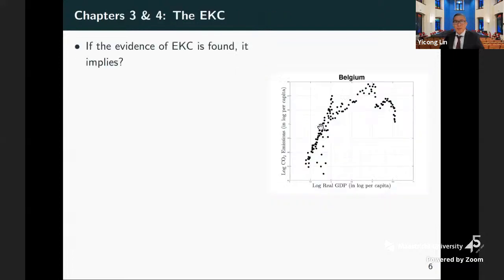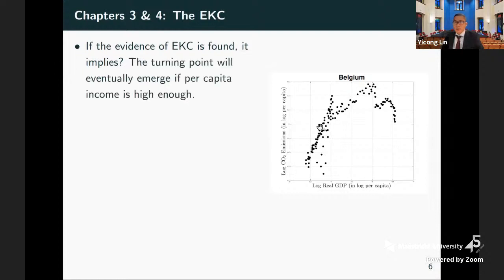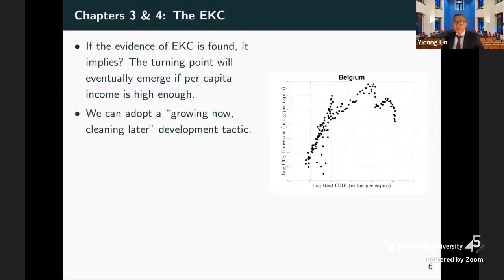For the second example, let's first think about what can be implied if the evidence of EKC is found. It implies that the turning point will eventually emerge if per capita income is high enough. Therefore, we can simply adopt a growing now, cleaning later strategy without worrying about the environment at this stage.